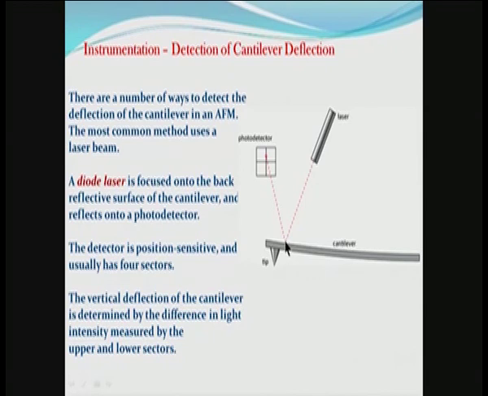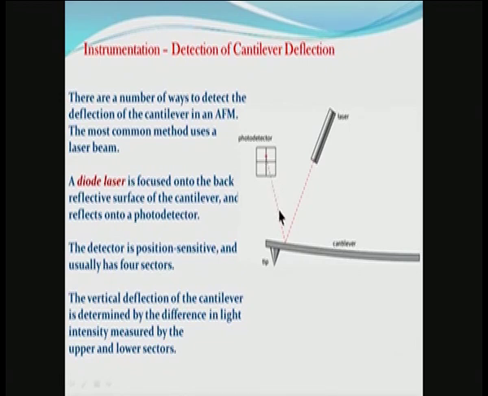So, this light is reflected onto a photodetector as shown here, which usually has 4 quadrants, and the detector is position sensitive. Therefore, it is possible to measure small displacements, because the laser beam then falls at different parts of the photodetector.